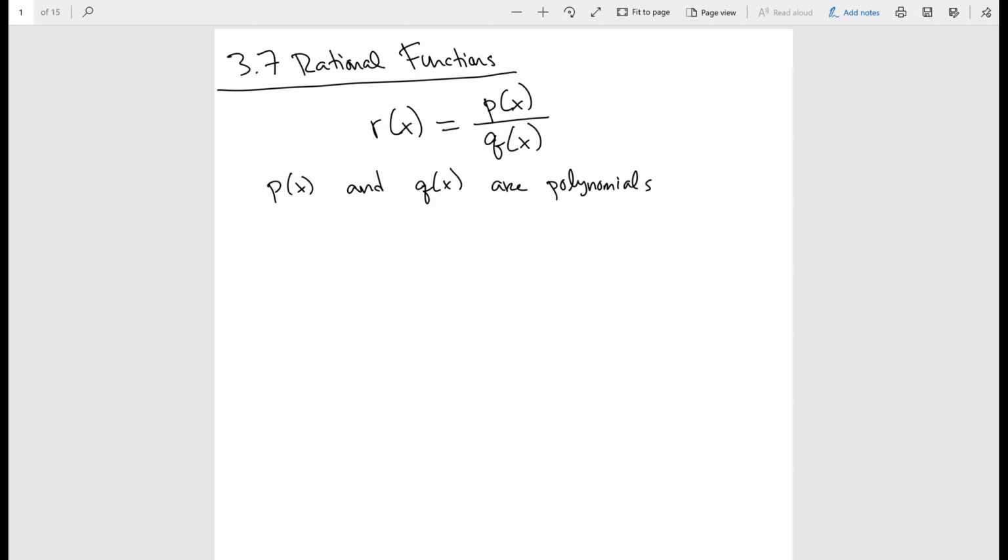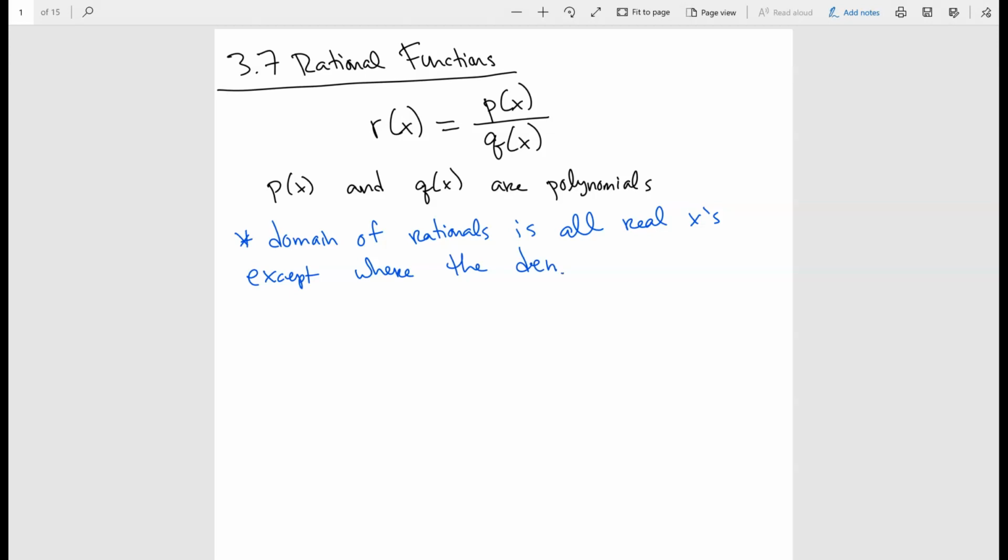Now, one of the things that we already know about rational functions is that the domain of rationals is all real x values except where the denominator is 0. That's something we learned in the previous chapter. So that's what we know about the rationals.